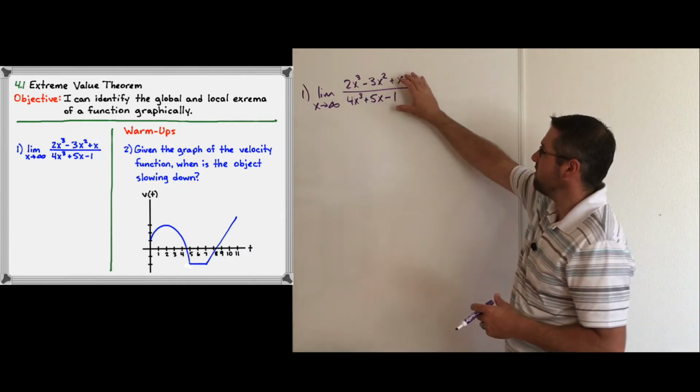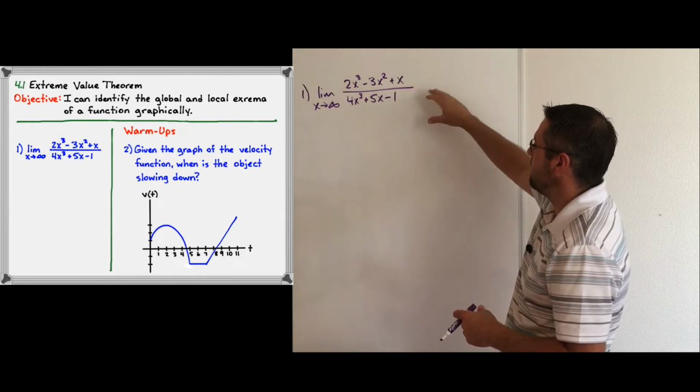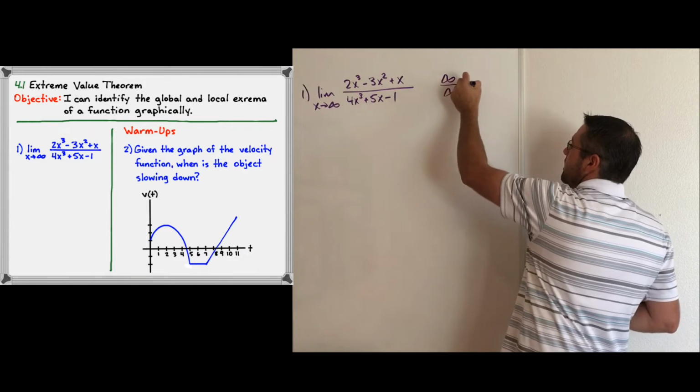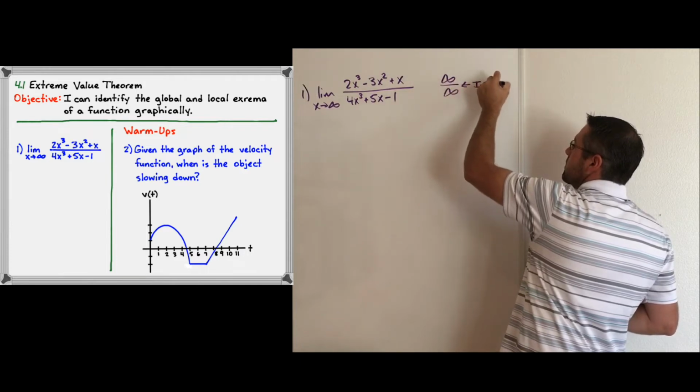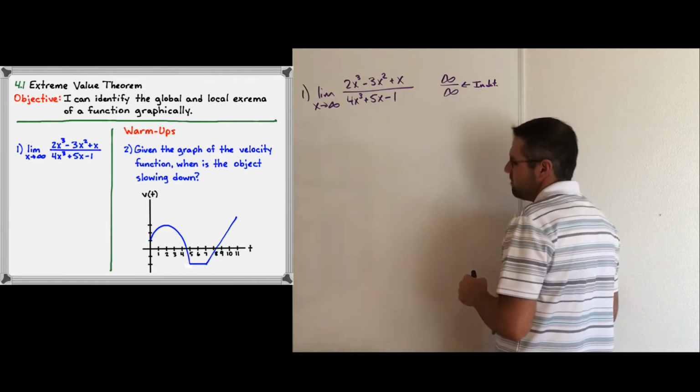So if we plug infinity in, we end up with infinity on the top over infinity on the bottom. This is by substitution, and we call that an indeterminate form.